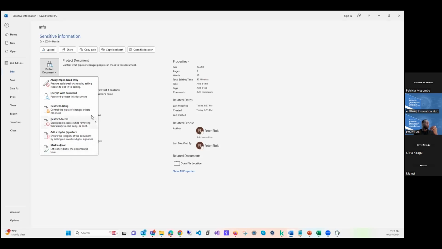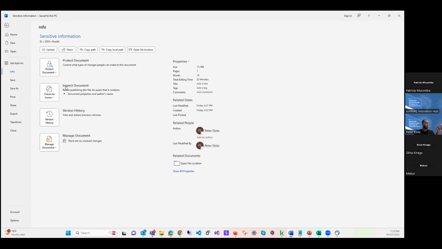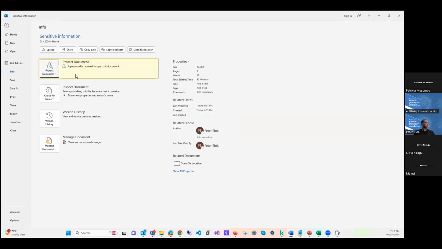In this case, we are looking at encrypting with a password. So he can implement his password and set it. A password has now been set to secure this document.